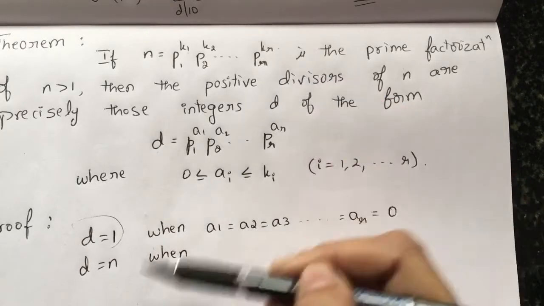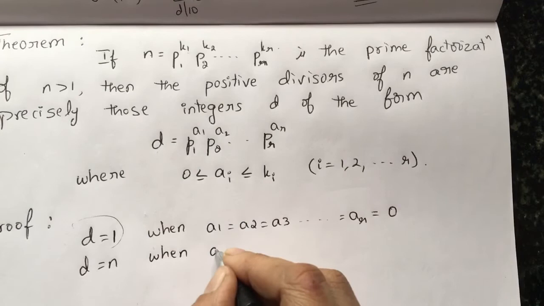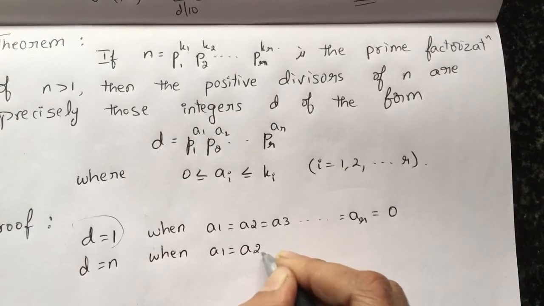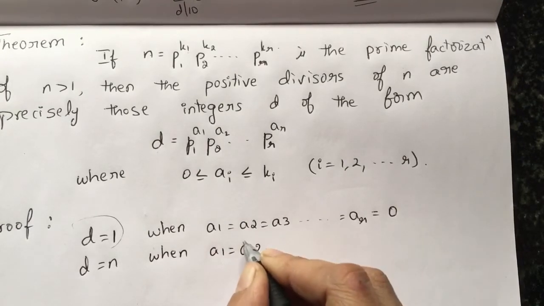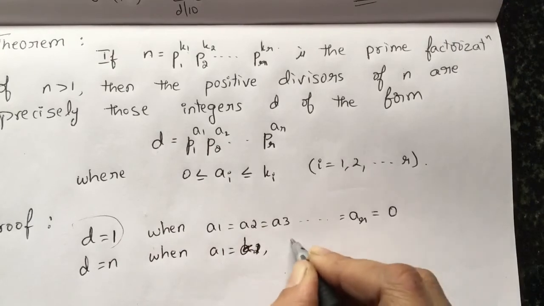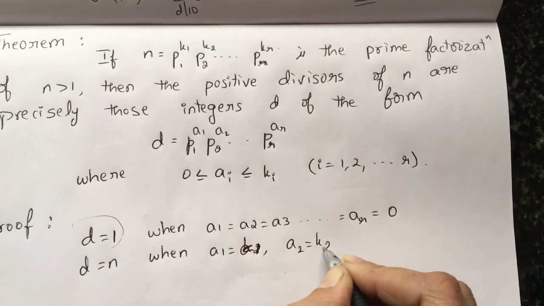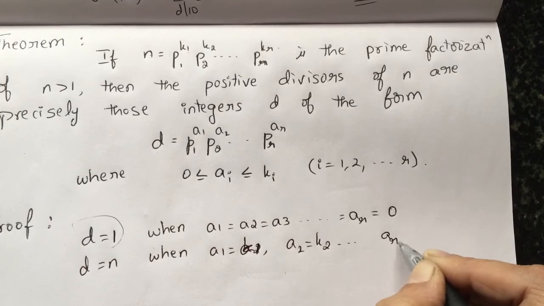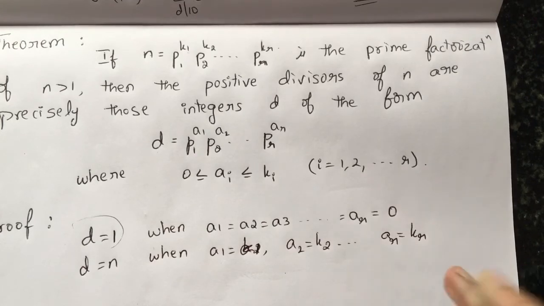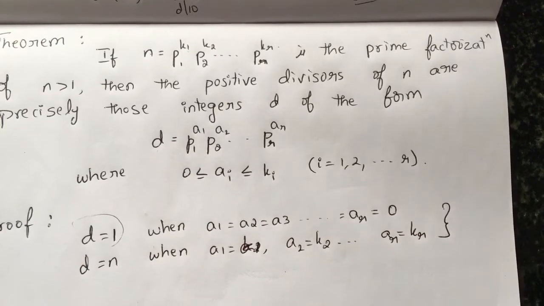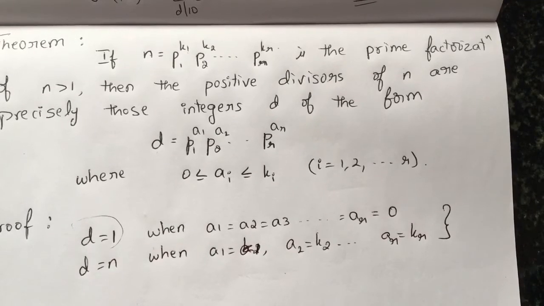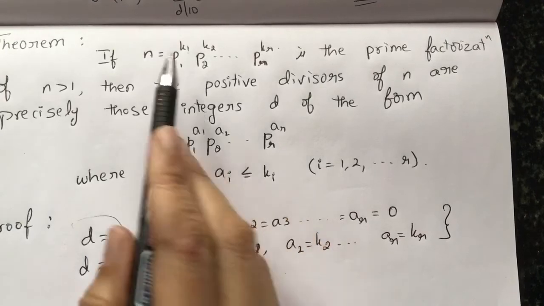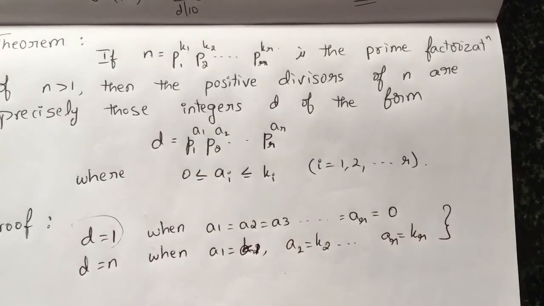In that case, d will be equal to n. These two are the trivial situations. Suppose that d divides n non-trivially.